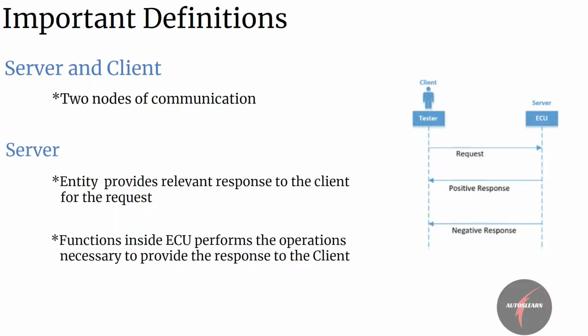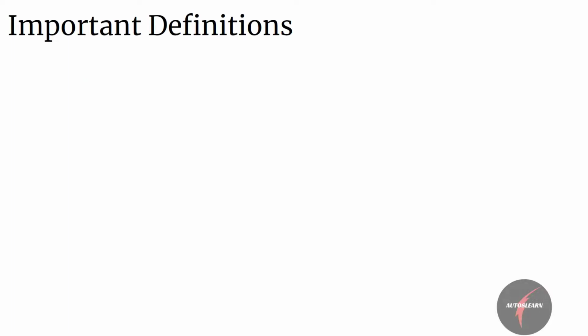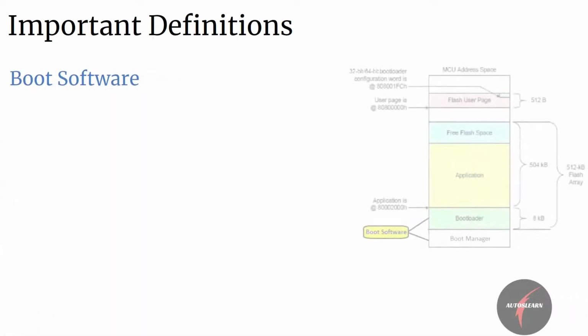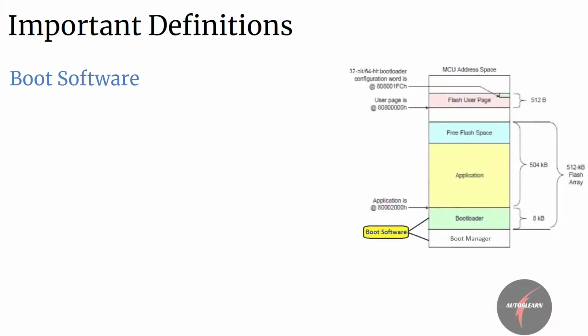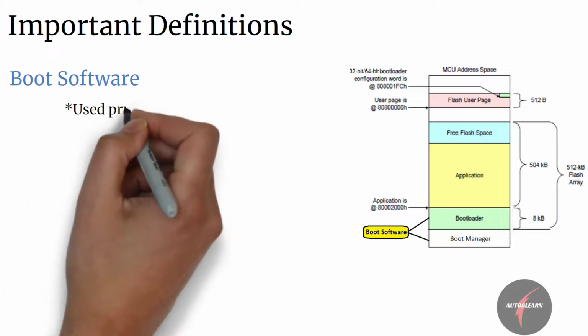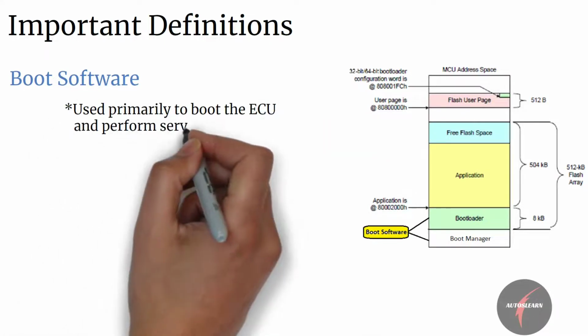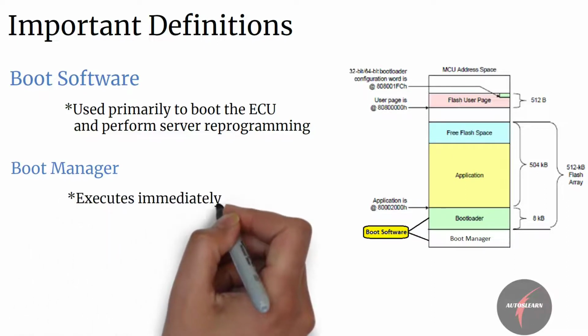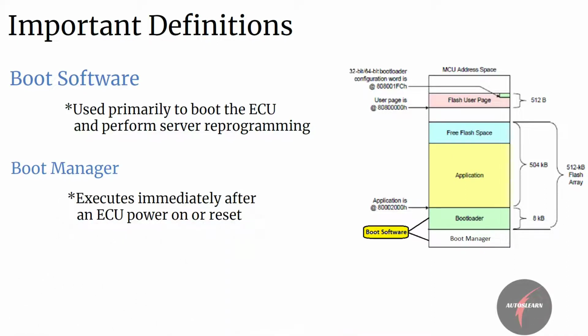Next, let's look into few boot terminologies. Firstly, we have boot software. A boot software is software which is executed in a special part of server memory that's used primarily to boot the ECU and perform server reprogramming. Boot software is usually made of boot manager, which is part of boot software that executes immediately after an ECU reset or a power on.